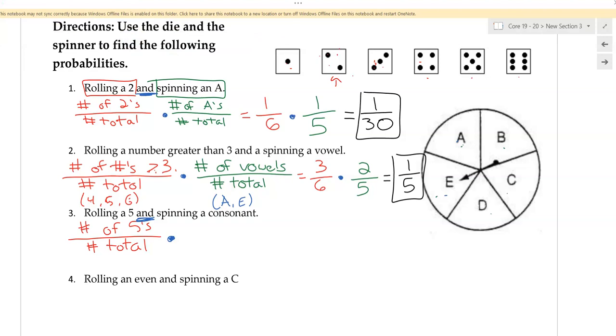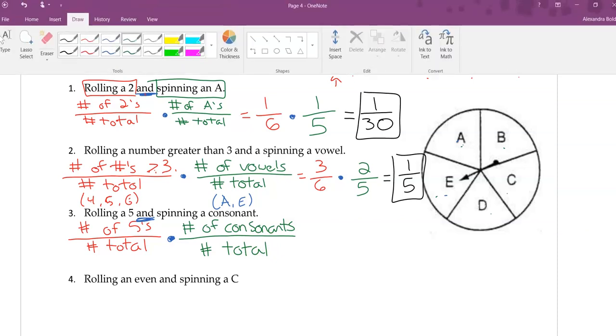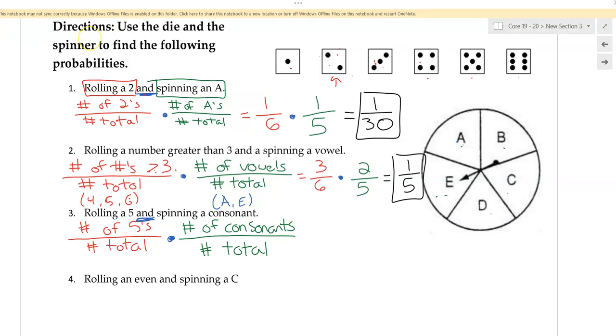And then spinning a consonant, so the number of consonants. The only thing that's a 5 is 5, so there's 1 of them out of 6.